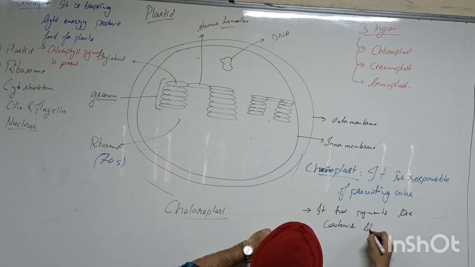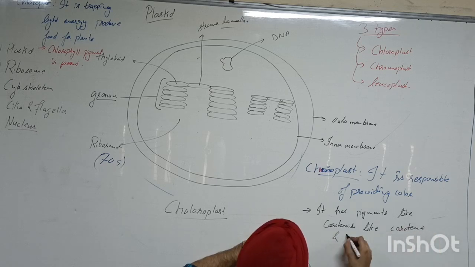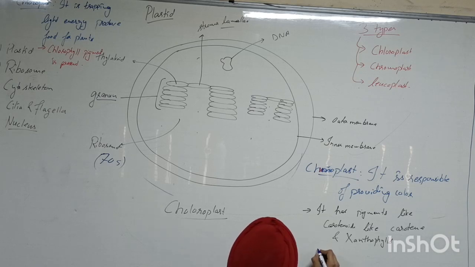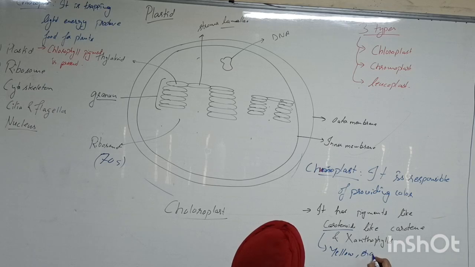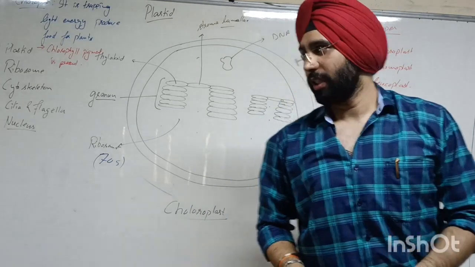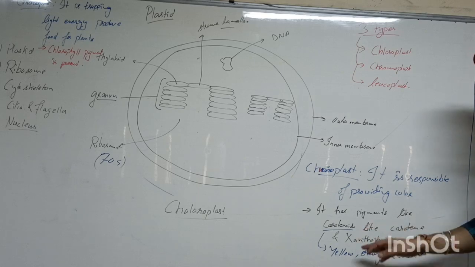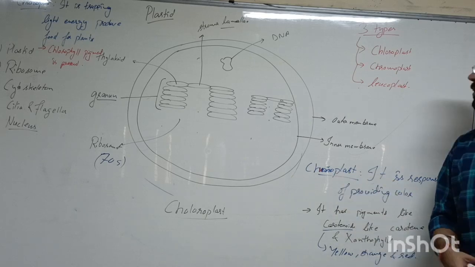Carotenoids like carotene and xanthophylls, which are responsible for providing colors like yellow, orange and red. So these kinds of colors are provided by the carotenoid and the xanthophyll pigments which are present in the chromoplast of plastids.